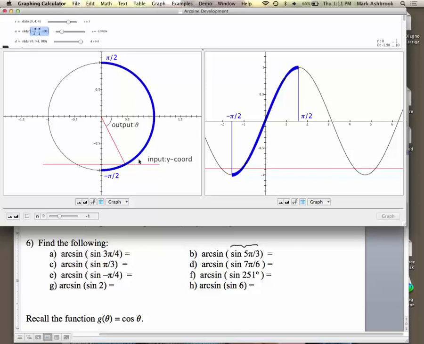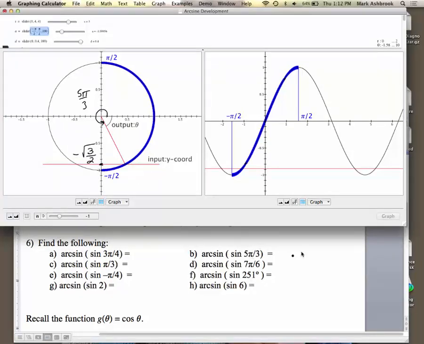It's right about there. So we're talking about this angle right here. Five pi over 3 takes us into the fourth quadrant and gives us a sine value of negative radical 3 over 2.